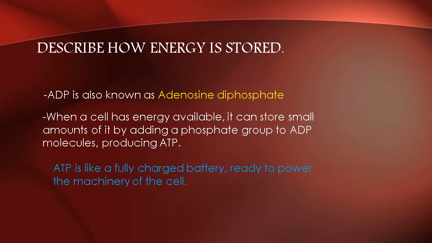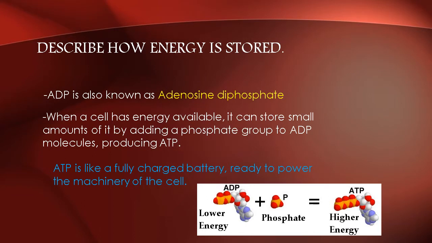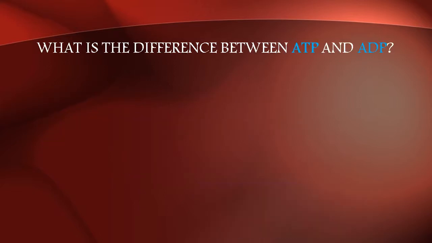It's ready to power the machinery of the cell. Here in the diagram, this is the ADP. It has lower energy, and when a phosphate group is attached to it, the energy is higher, and it has 3 phosphate groups, known as ATP.